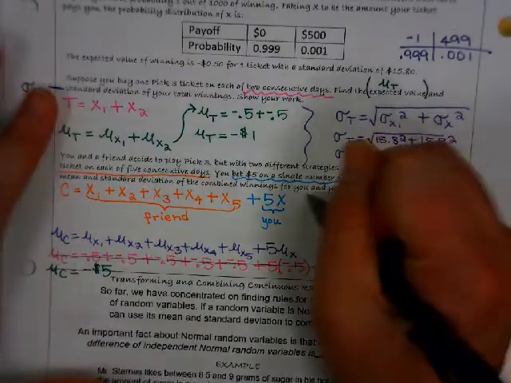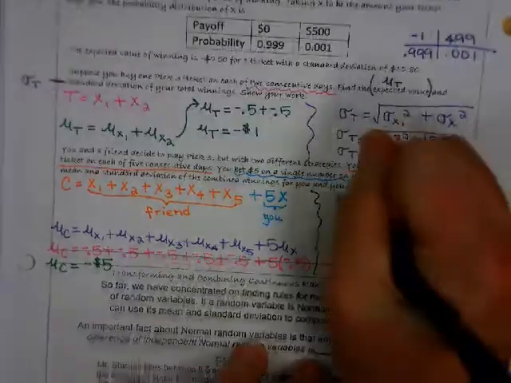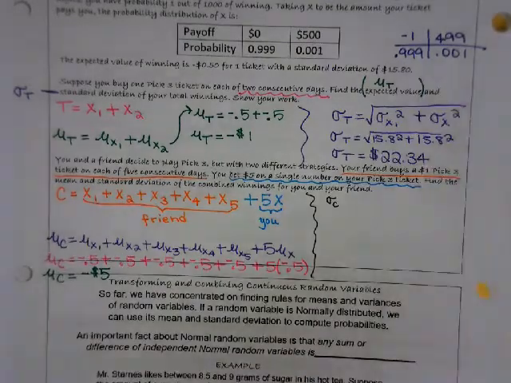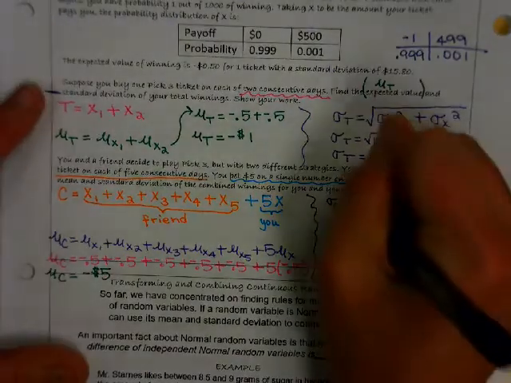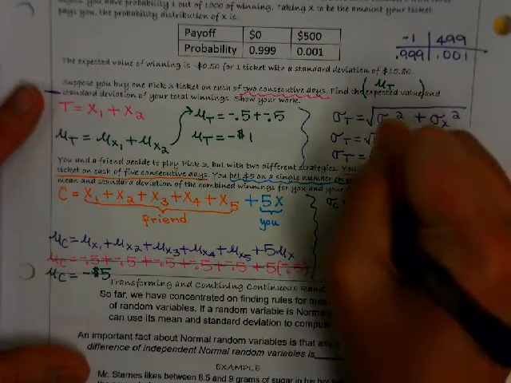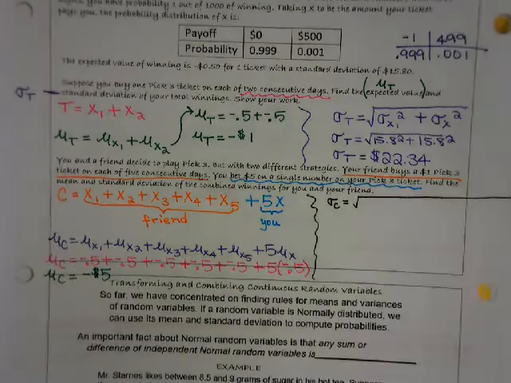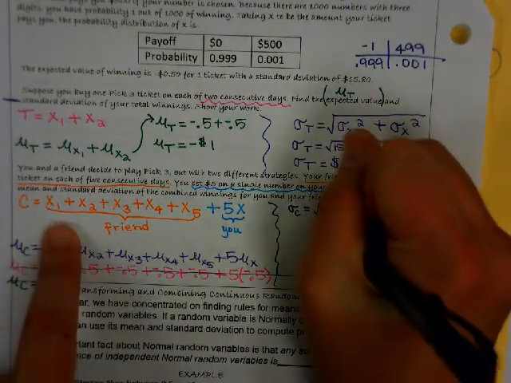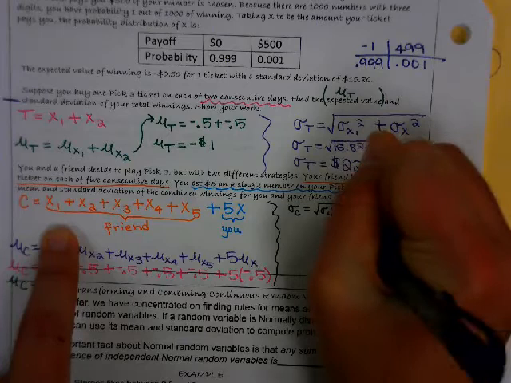So, to find the standard deviation of our combination, we're going to end up taking the square root. And there's going to be a lot of stuff under that, so I'm just going to leave it nice and long. For your friend, we have to take the standard deviation of the first day squared plus the standard deviation of the next day squared all the way through day 5.